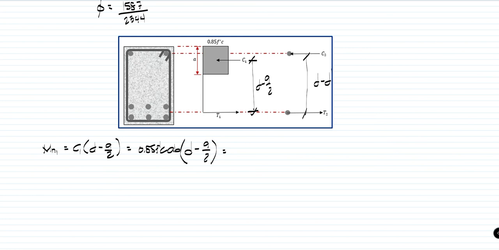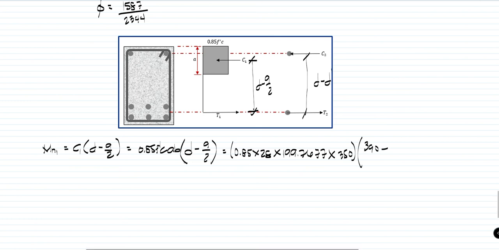So, substituting the value, we have here 0.85 times 28 times yung value ng a natin, which is 199.7677 times 350 times 390 minus 199.7677 divided by 2.